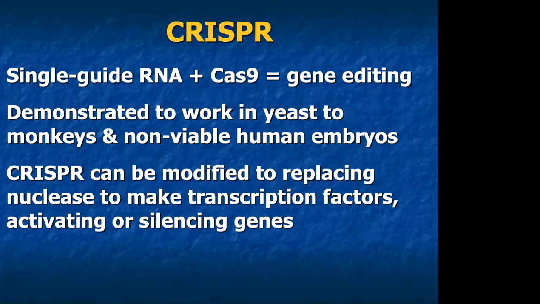The Cas9 protein, I should say Cas9, not CRISPR, can be modified to replace the nucleases with virtually any other active domain that you want. It can be transcription factors, activating or silencing genes, that is methylases, acetylases, deacetylases. You can replace it with virtually any protein you can think of, including GFP.